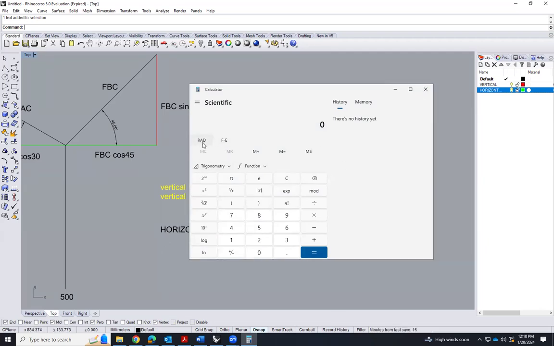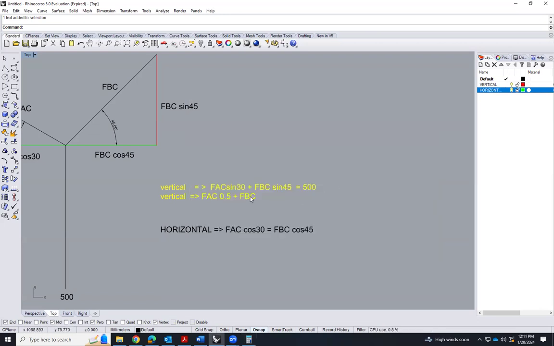We have to select degrees, not radians. Make sure that this is degrees either here or in your calculator or your computer or whatever. And then we have 45. I select trigonometry and I select sine. So sine 45 is 0.7, 0.71 to be more accurate. Okay, so we can say 0.71. That equals 500.